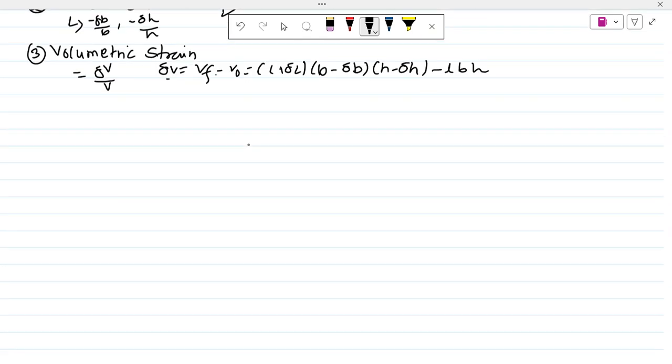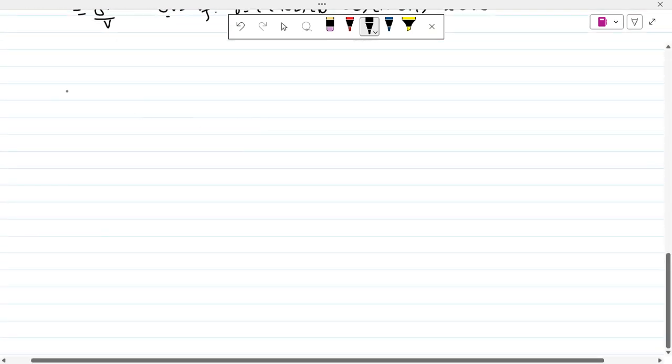Let us talk about shear strain. Suppose there is a force P applied on a bar which is fixed like this. It will undergo the deformation like this. Sorry, my drawing is not so accurate.